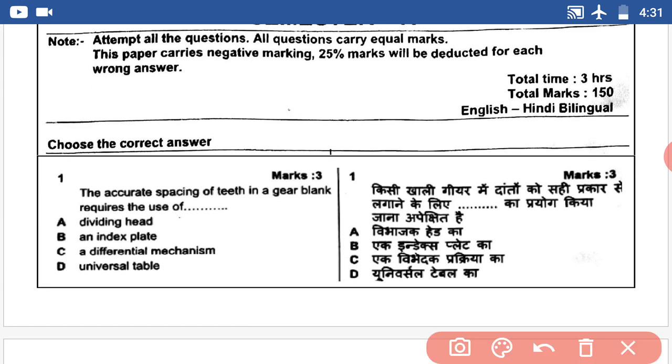The accurate placing of teeth in the gear blank requires the use of dash. This question's answer: dividing head. Answer A. Question number 2.